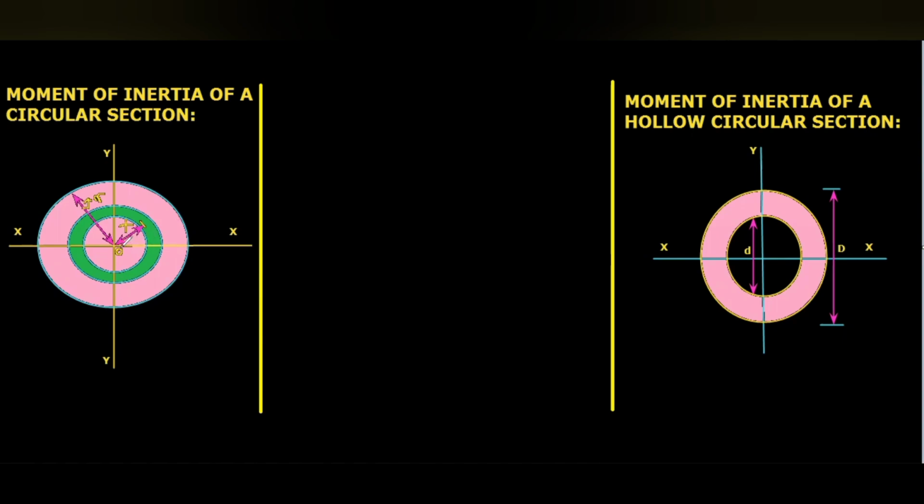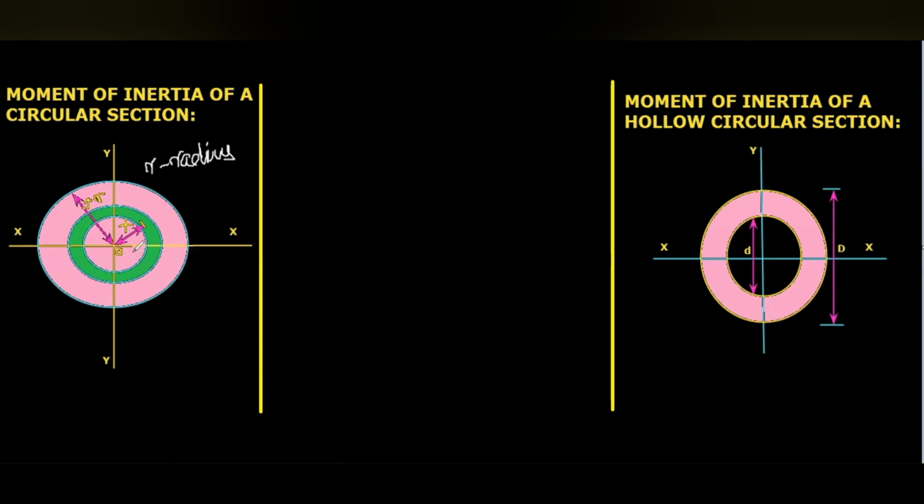Okay, and here R is the radius of the circular section.